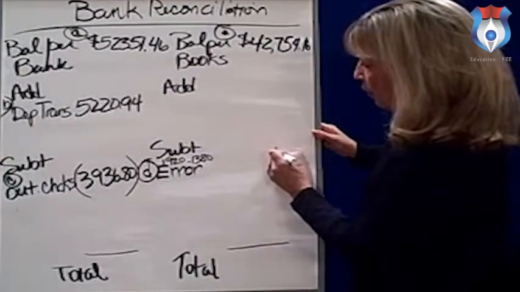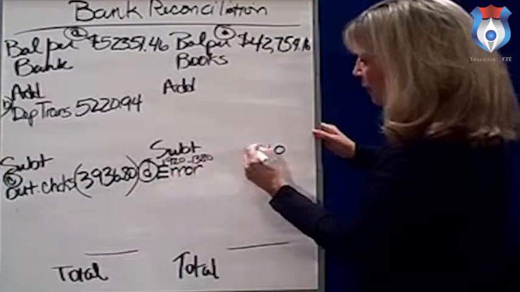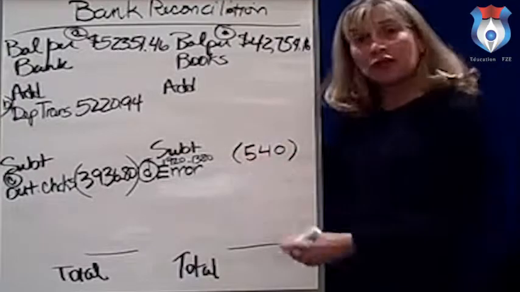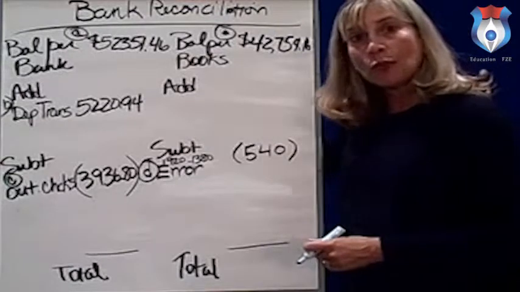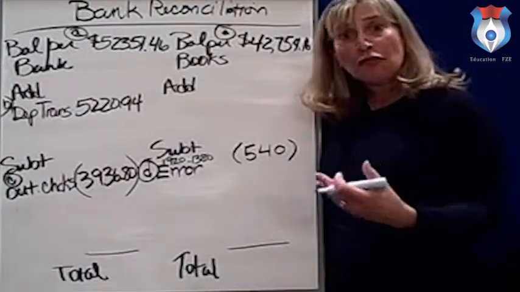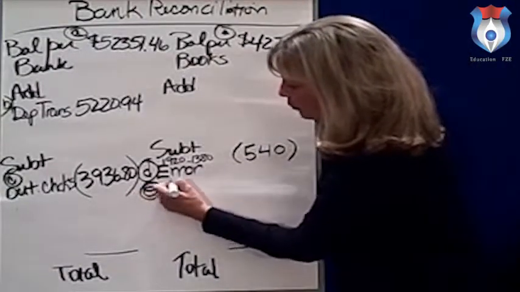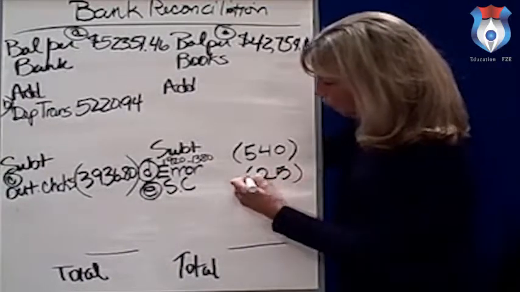So let's see, that would be 4, and that'd be 8, $540 mistake. So I'm going to subtract that. That's Part D. Part E says we have a service charge. In other words, the bank is charging us for the privilege of banking. So E, we're going to subtract our service charge of $25.